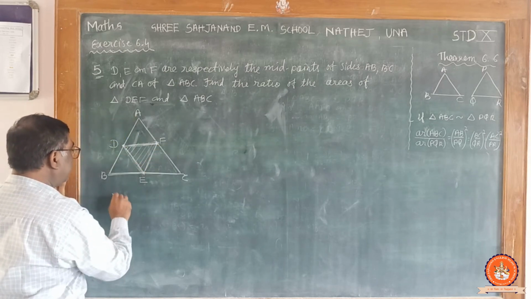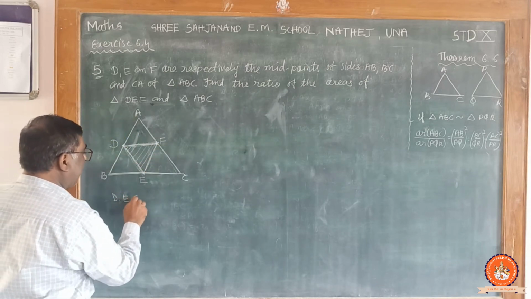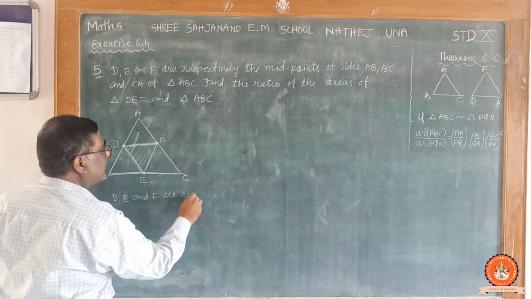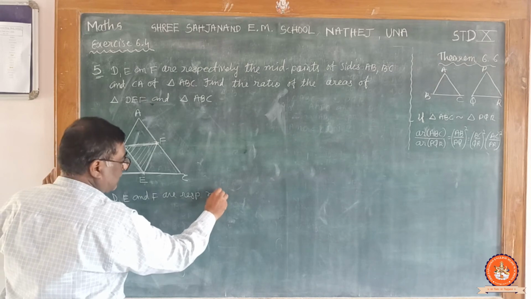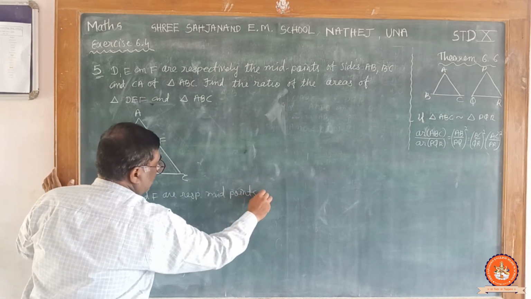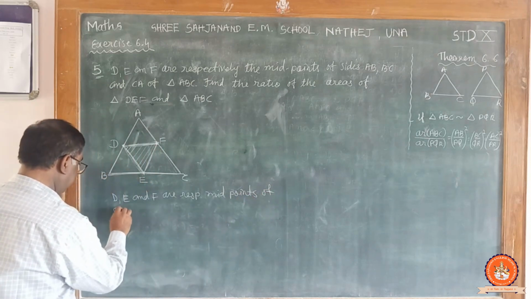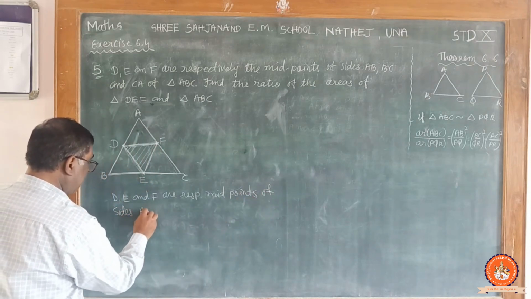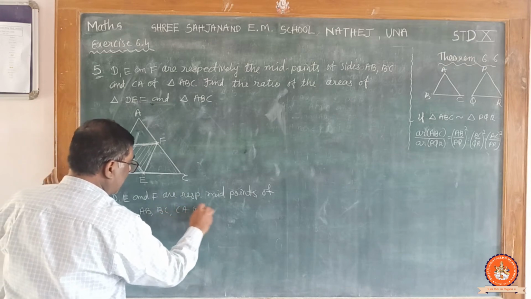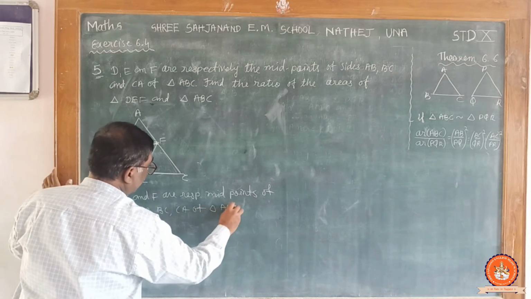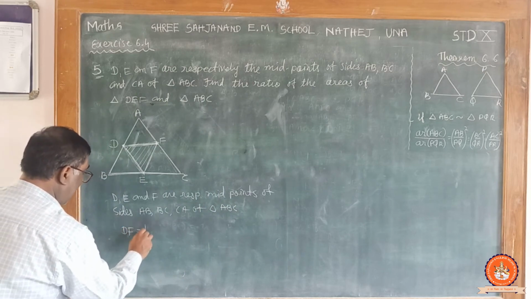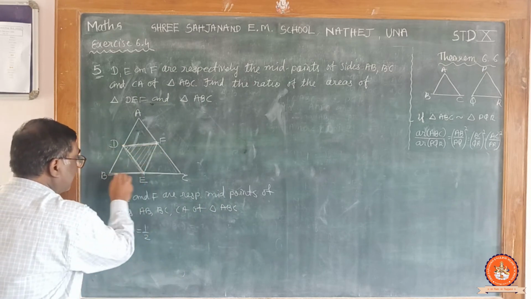So D, E and F are respectively midpoints of sides AB, BC, CA of triangle ABC. So what happens? DF is half of BC.